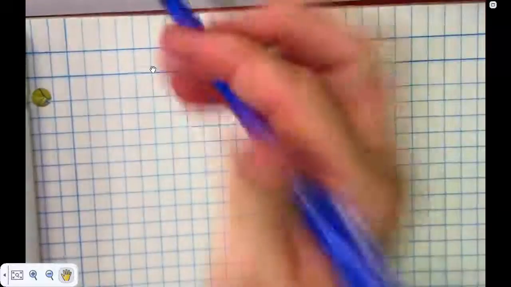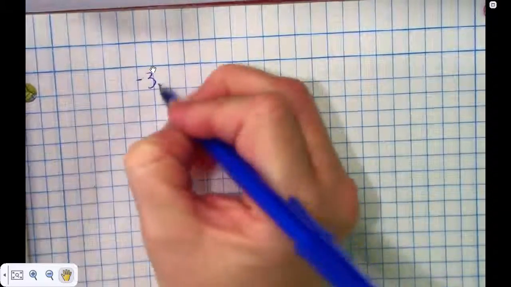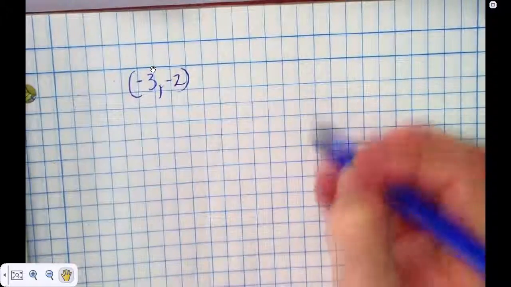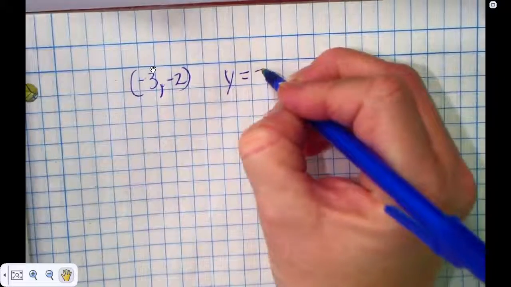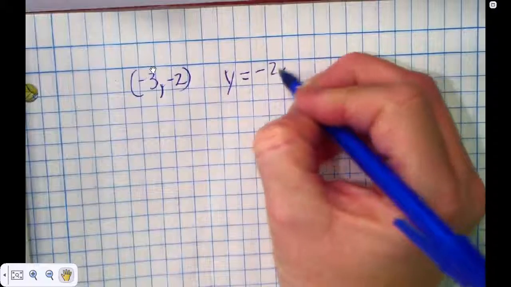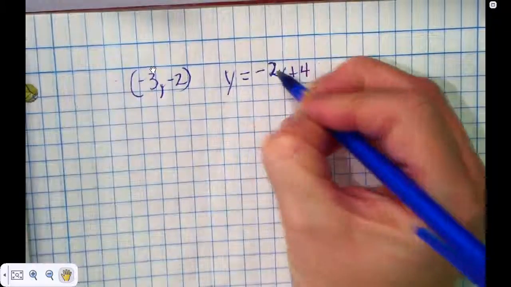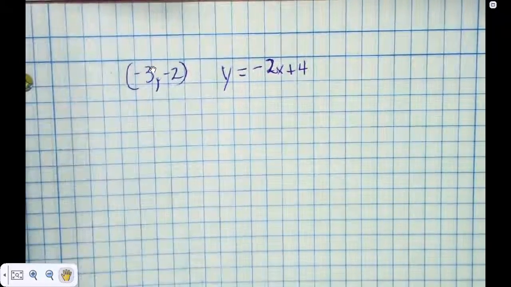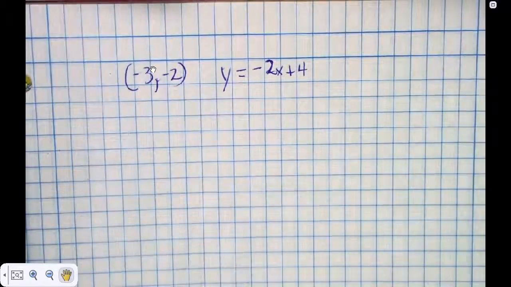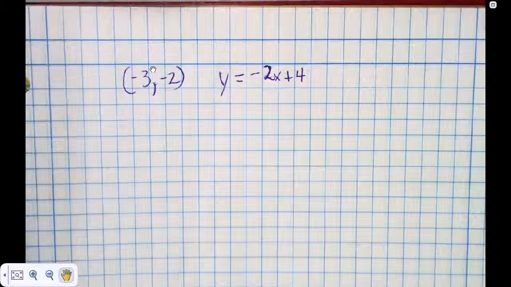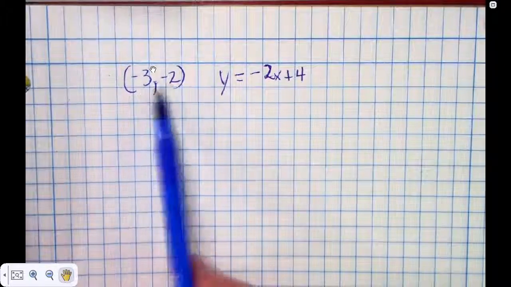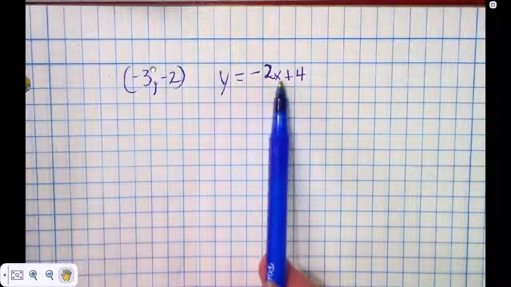Write this point down: (-3, -2), and y equals -2x plus 4. All those markers are going out, not big time. Okay, (-3, -2), and that's our equation.